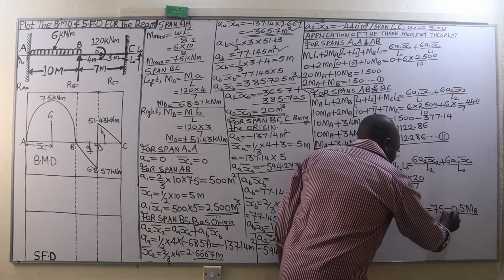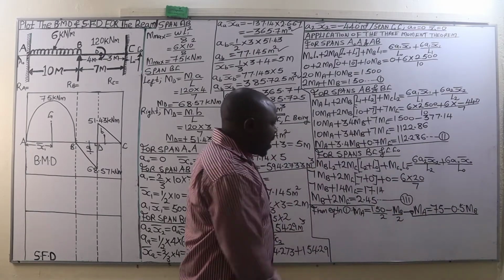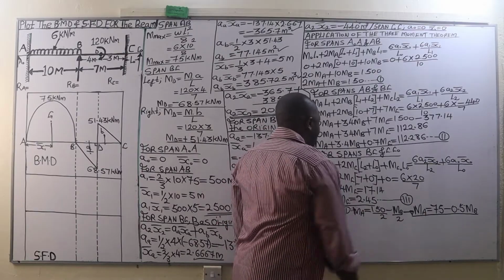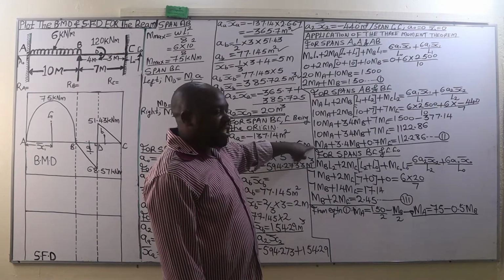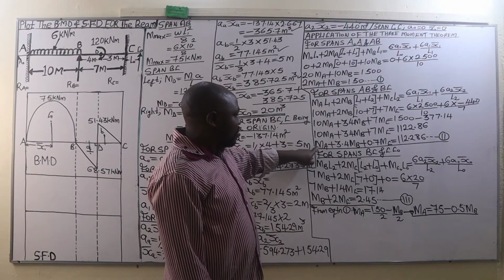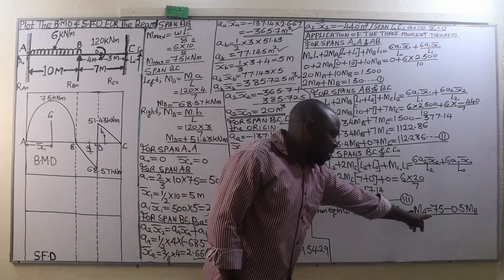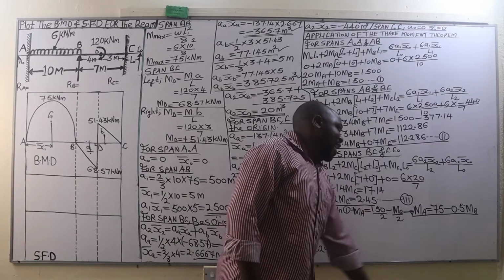So that is the value of MA. Now, the value of this MA, we are going to substitute it in our second equation.